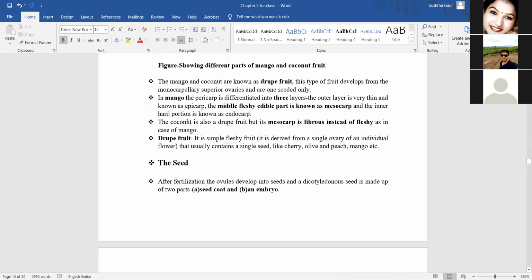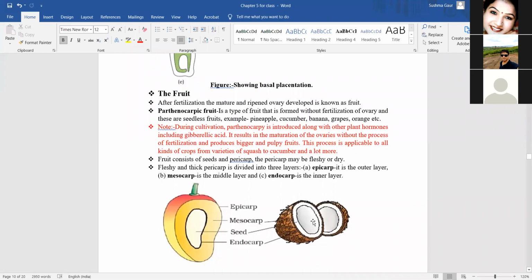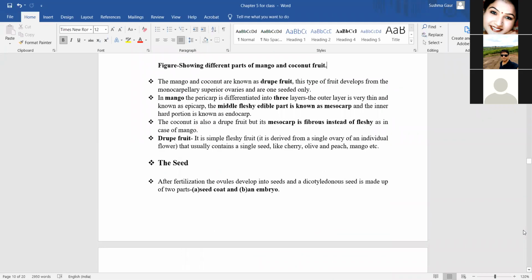So the coconut is also a drupe fruit, but its mesocarp is fibrous. This is mesocarp. It is fibrous.